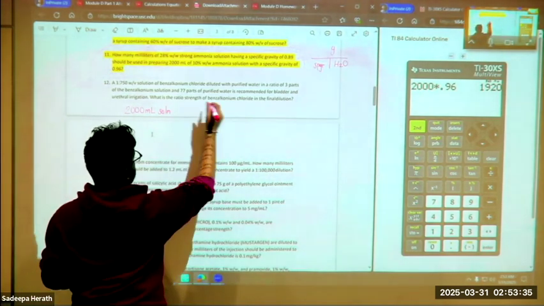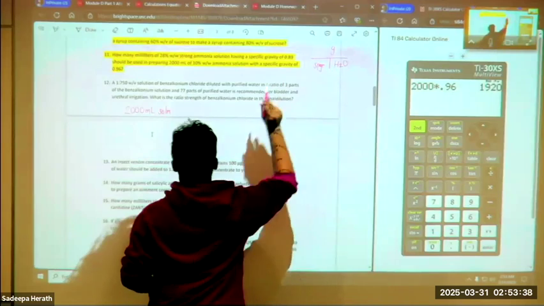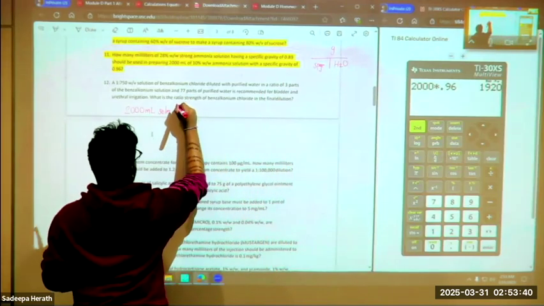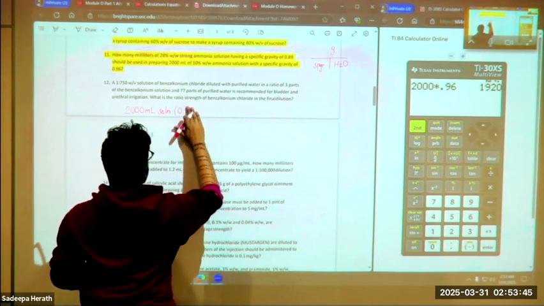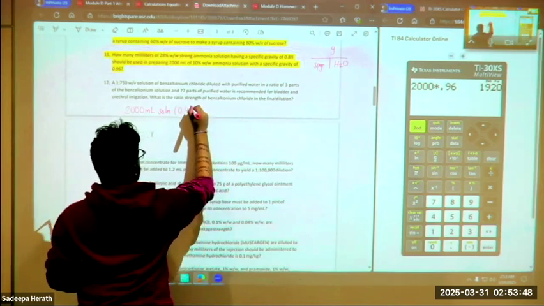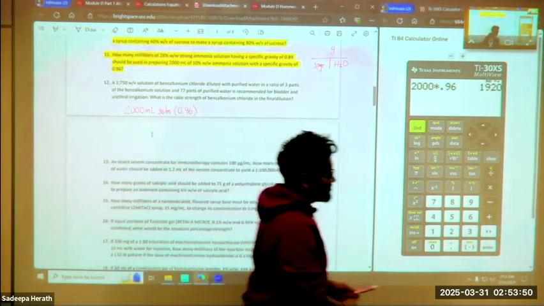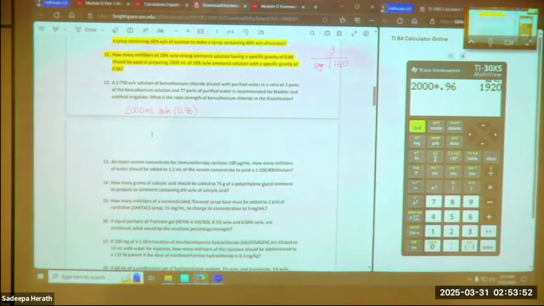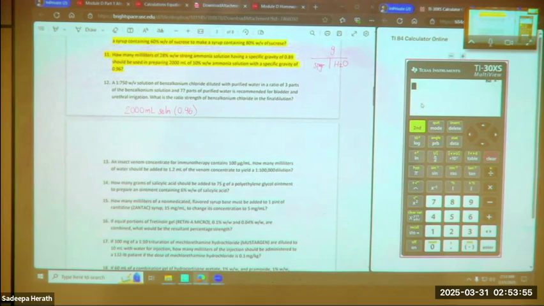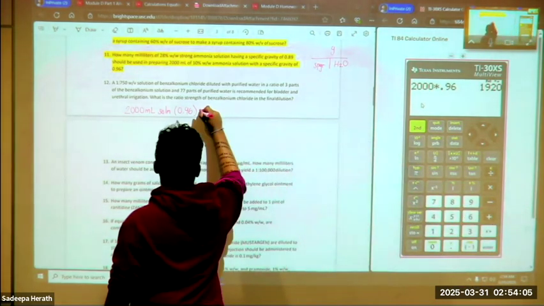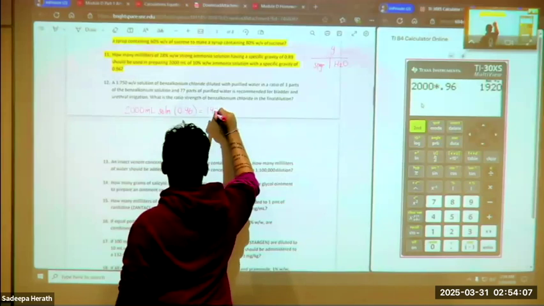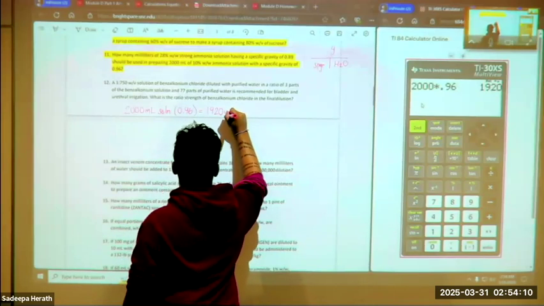So what do we multiply that by? The specific gravity, 0.96. 2,000 times 0.96 is 1920. 1920 grams. Okay.